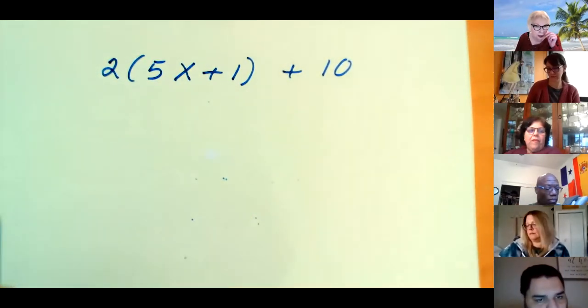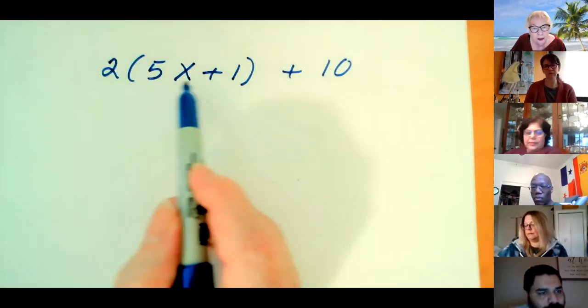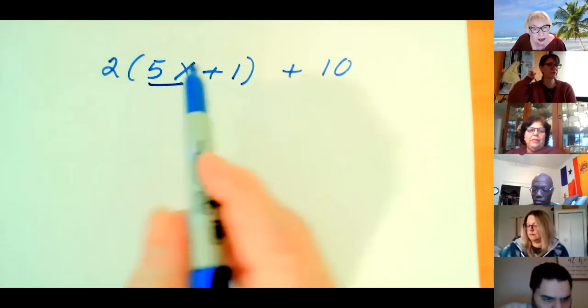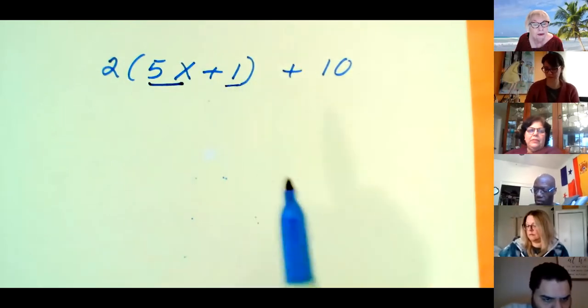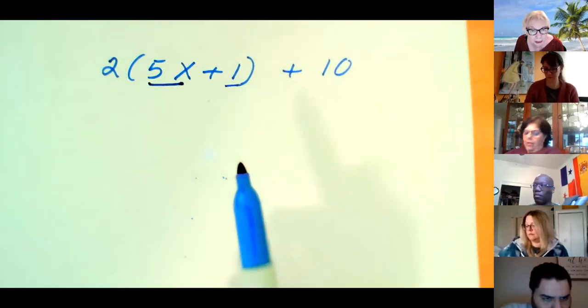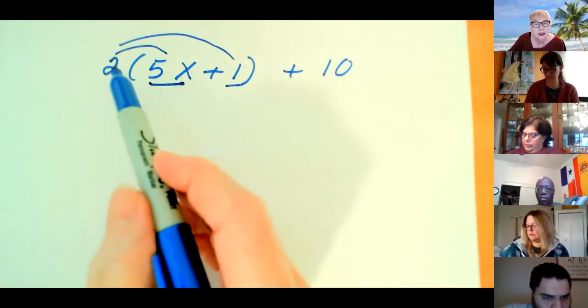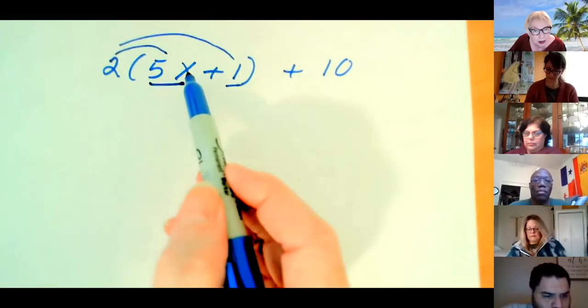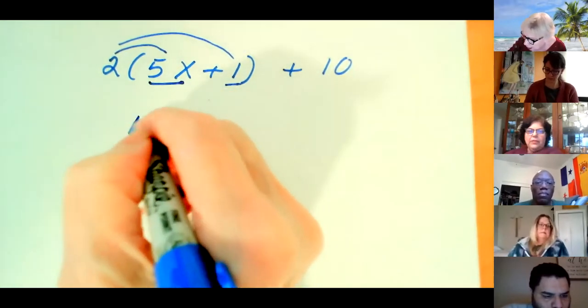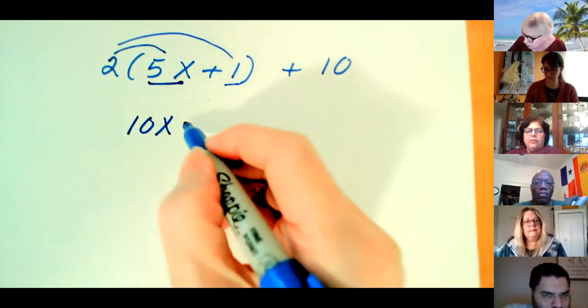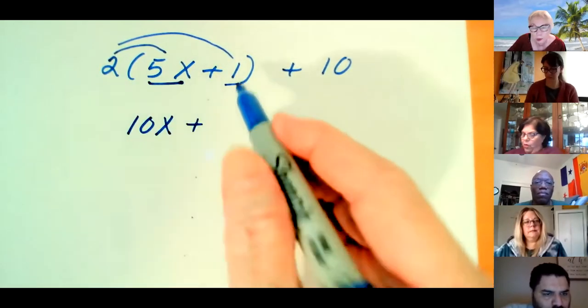And so the parentheses, you would love to add these two, but we can't because this is an x term and this is a plain number, and the two are not the same. But we can do this, distribute. And so we will. 2 times 5x, 2 times 5 would be 10x, right? Plus 2 times 1 is 2.